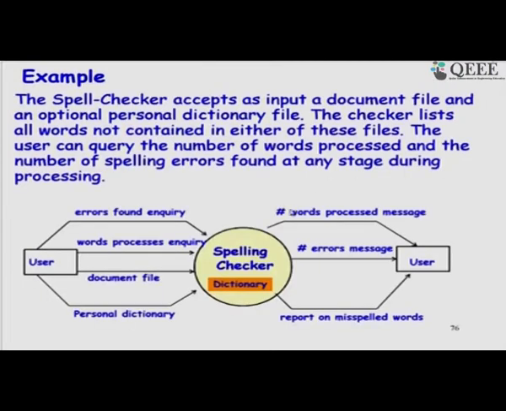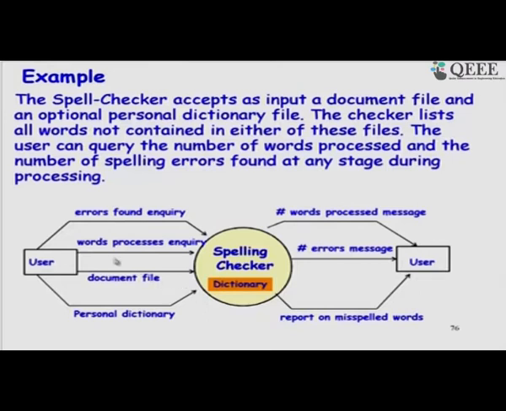Let us take an example. Let us assume that we want to write a spell checker program, and the spell checker maintains a dictionary internally, and the user can give a document file and also a personal dictionary, like names, etc., words that are used by the user, which should not be flagged as errors.